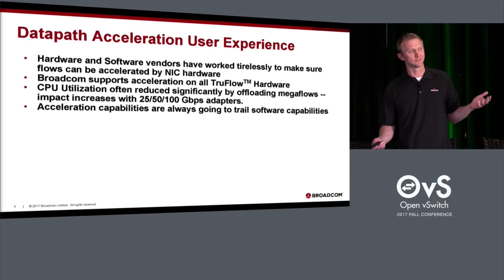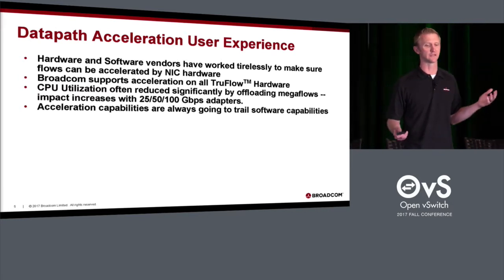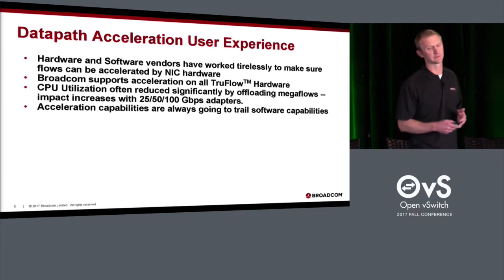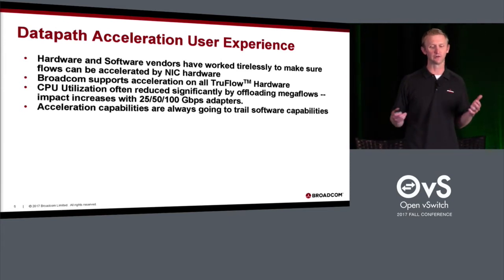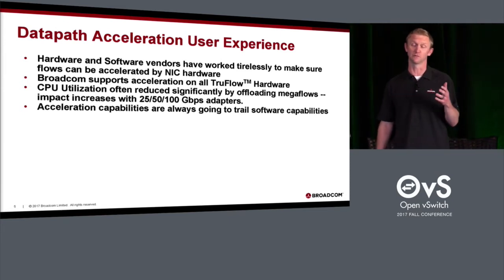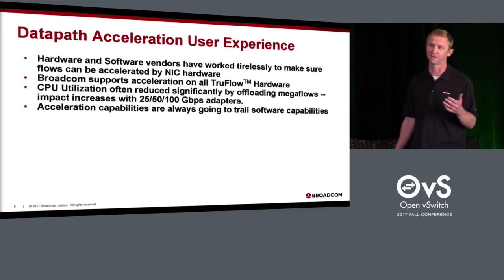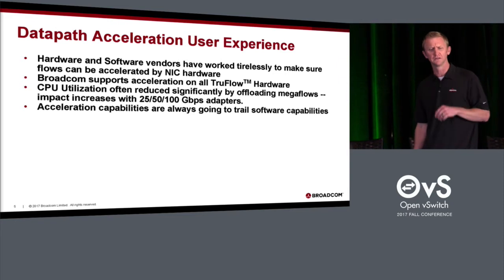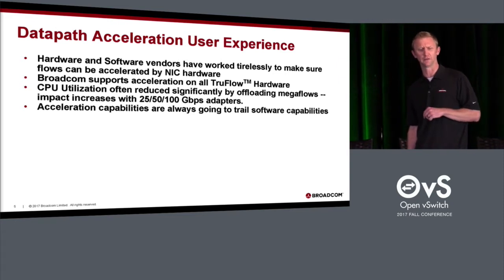The CPU utilization, the number of cycles used, is reduced significantly when we offload megaflows. And this workload really amped up the improvement when we talk about 25, 50, 100 gig speeds. Maybe 10 wasn't such a big deal because you could come close to handling your load. But as we get bigger, it's really important.